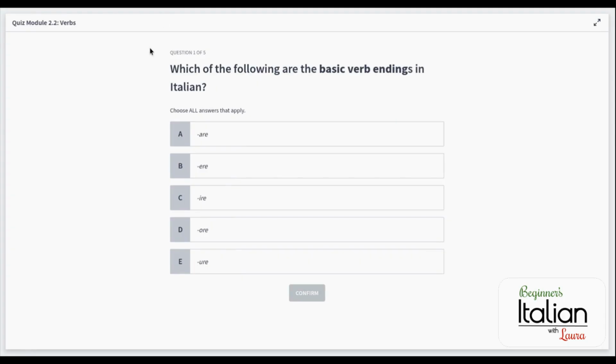Number 1. Which of the following are the basic verb endings in Italian? Choose all answers that apply. A. Are, B. Ere, C. Ire, D. Ore, or E. Ure.